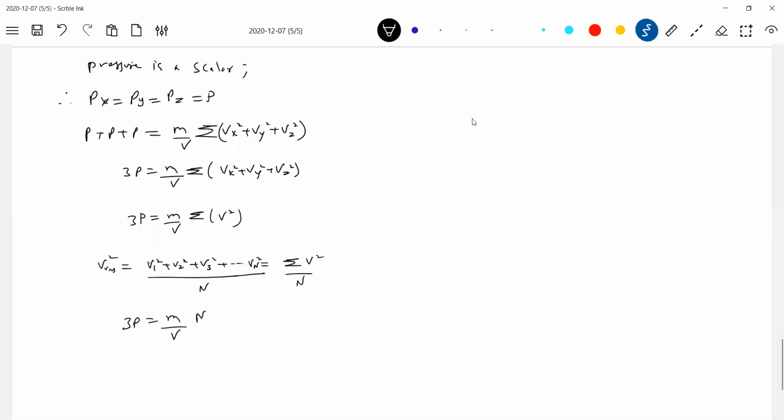Now, what do you mean by N? Number of molecules. So therefore, the final expression will be 1 by 3 m N vrms square.